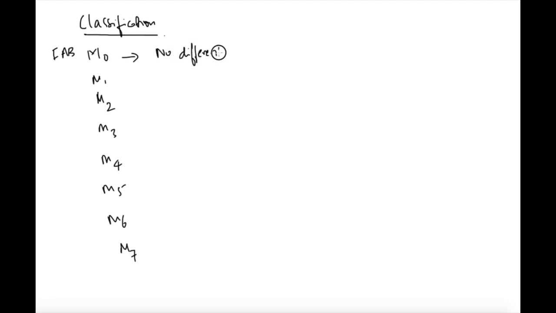M1 stands for myeloblastic, with no maturation rather. There is a difference between differentiation and maturation. So M1 is myeloblastic, no maturation.